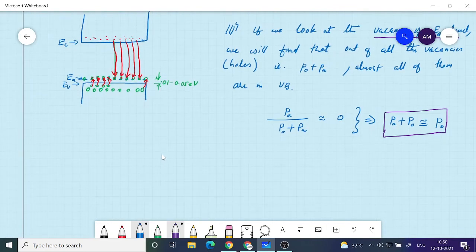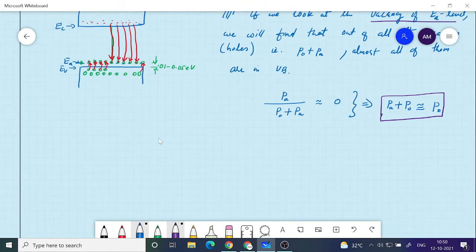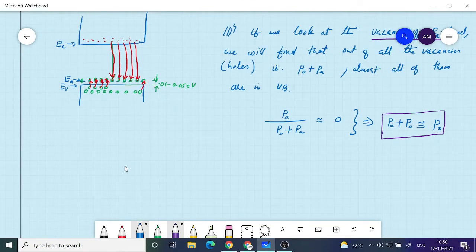A negligibly small number of them have vacancies. Now you can summarize and say that, in a compensated semiconductor, and I will tell what is meant by a compensated semiconductor.